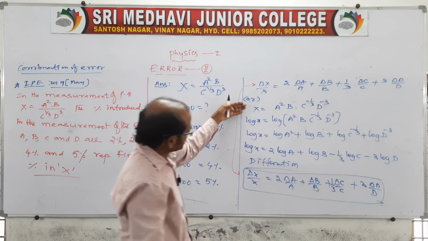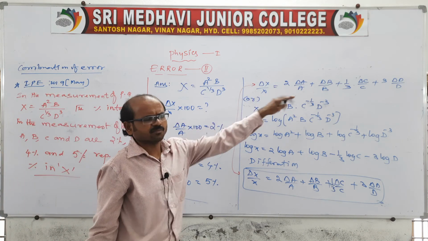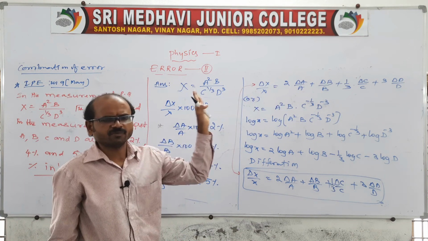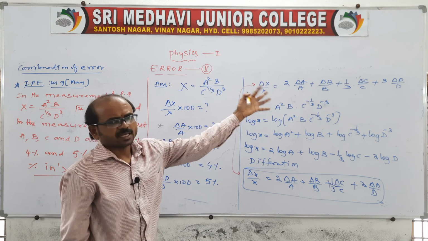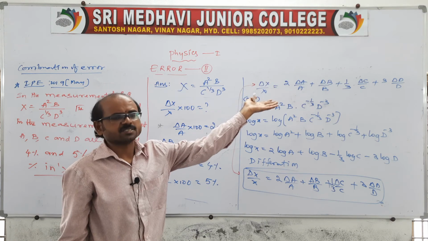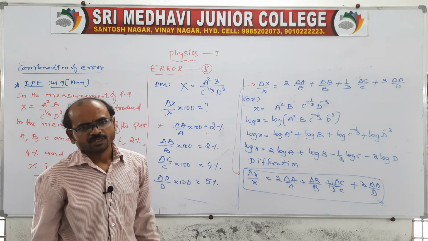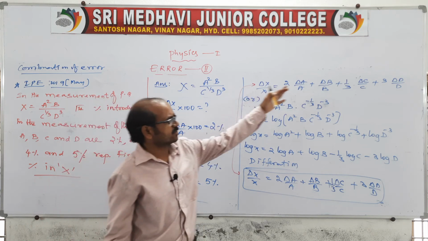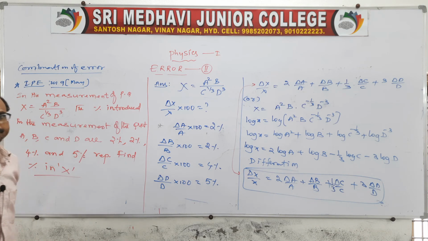Instead of taking this complete derivation, we can also write directly like this. You don't take negatives, because absolute error is always positive. Is it okay now? This is the method.